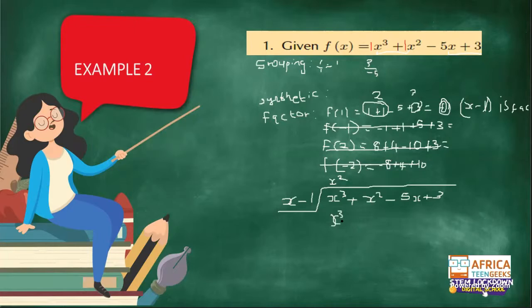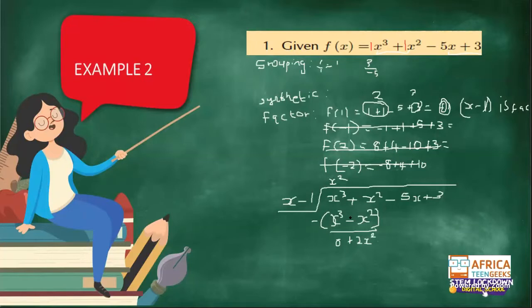And then that times that, negative x squared. Okay. And then remember your negative. So x cubed minus x cubed is 0. And then x squared, negative times negative is positive. So you'll have x squared plus x squared, which is plus 2x squared.